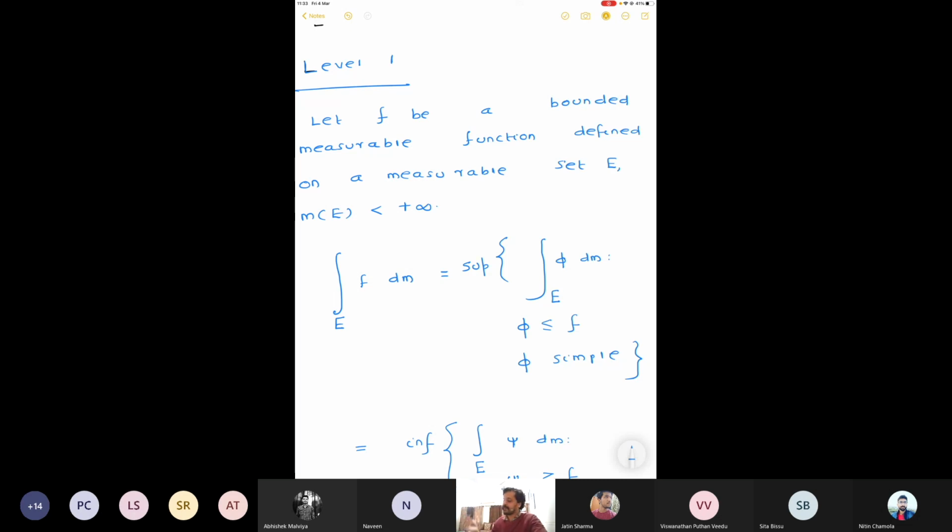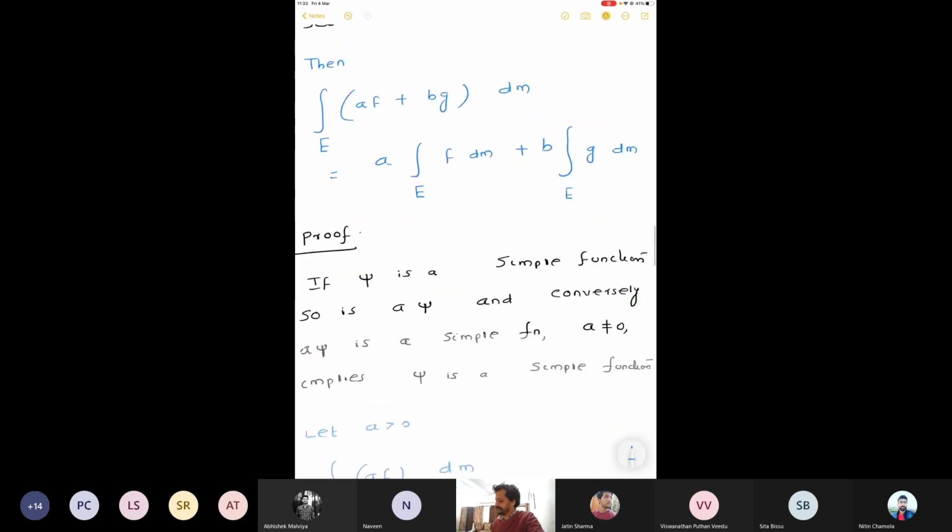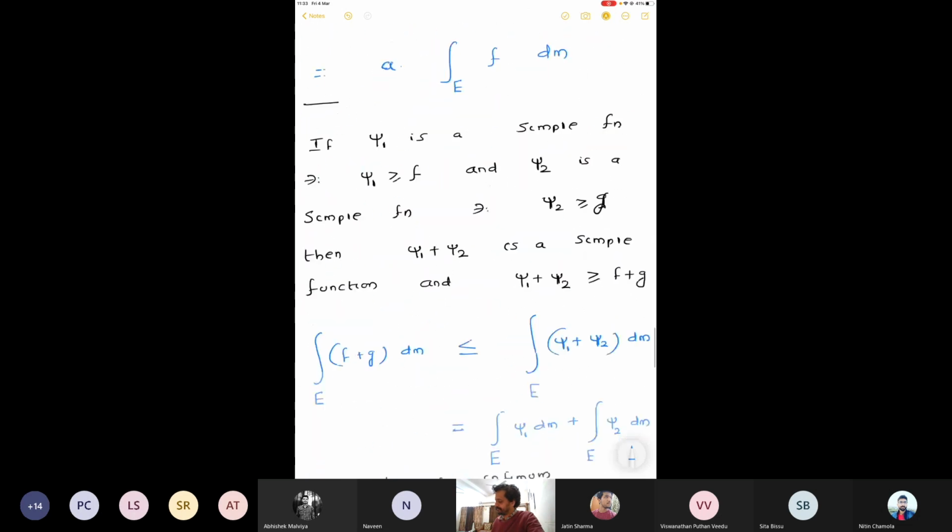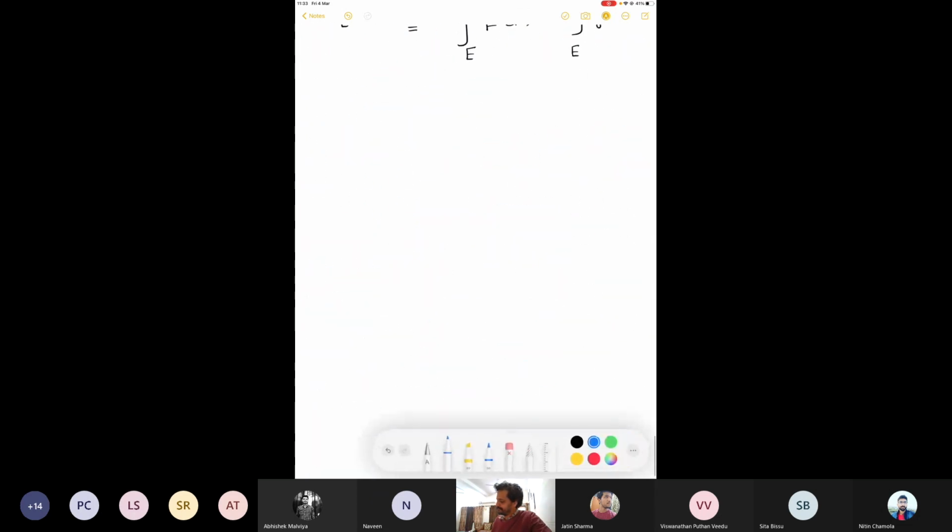Now I am going to level 2. I will define the integral of a non-negative measurable function, but defined on any measurable set. I don't mind whether the measure is finite or not.